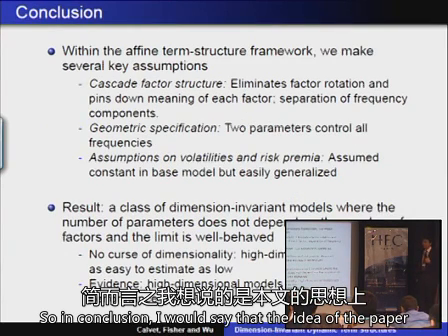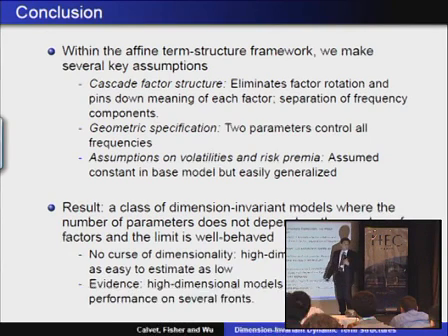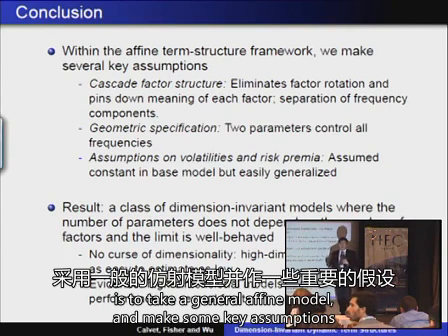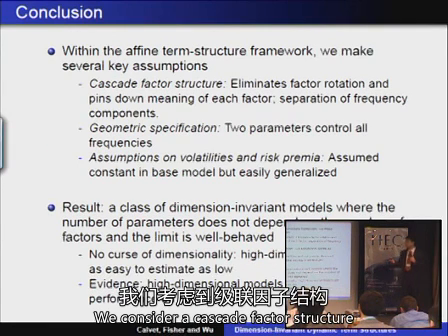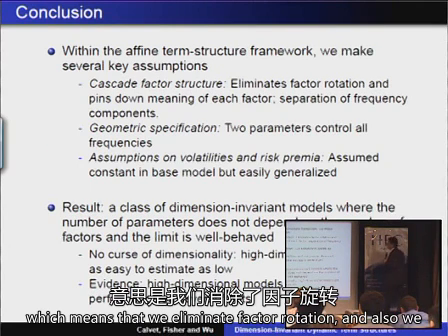So in conclusion, I would say that the idea of the paper is to take a general affine model and make some key assumptions. We consider a cascade factor structure, which means that we eliminate factor rotation.